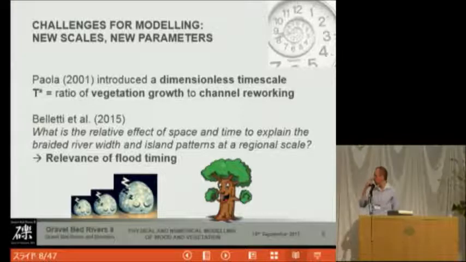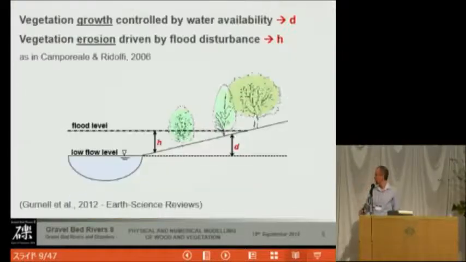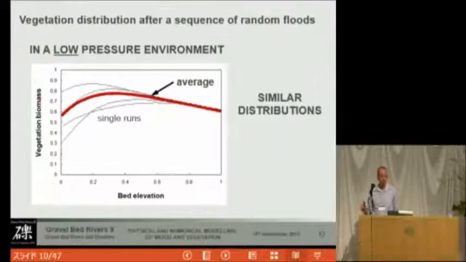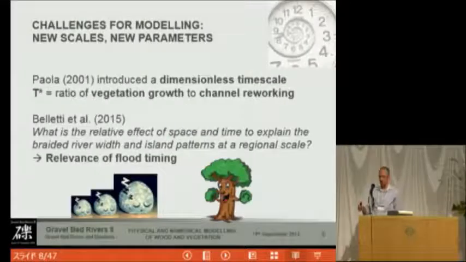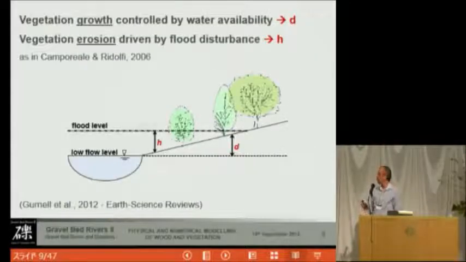We explored this a few years ago with Angela Garnell with a very simple model considering a sloping floodplain, where vegetation is an element that can grow, responding to water availability as a function of the groundwater level, and that can be eroded by floods.